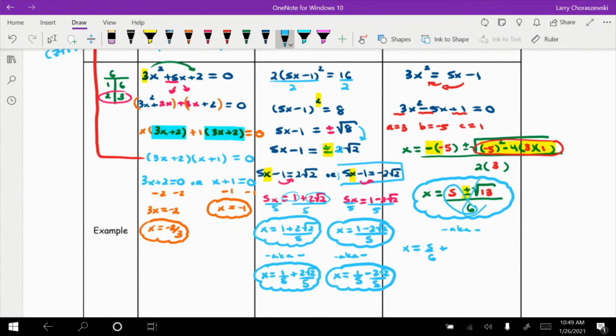And then your second fraction is going to be radical 13 over 6. That would be one answer. This is the answer where you use the plus part of plus or minus. The other answer is when you use the minus part of plus or minus. And there we have it.